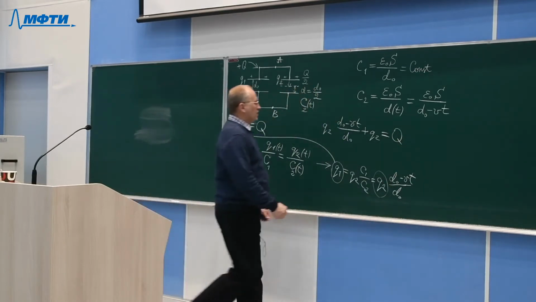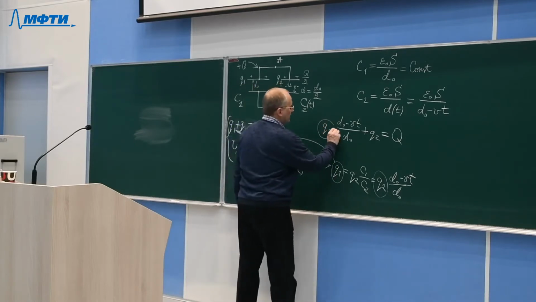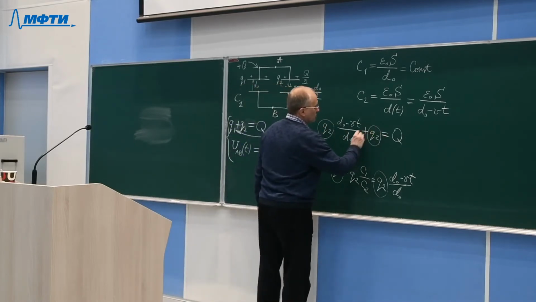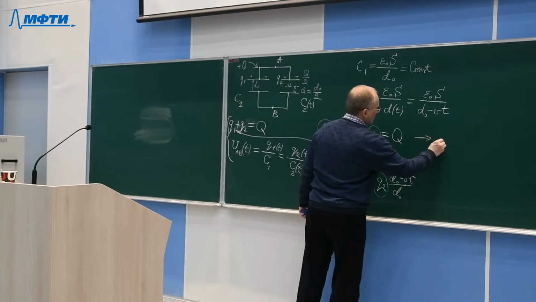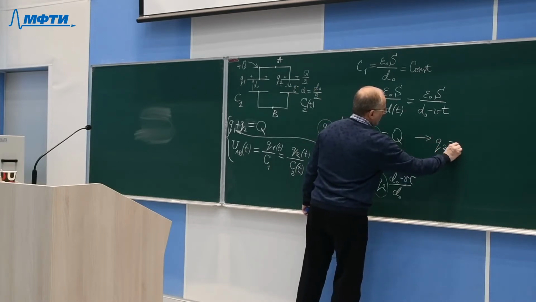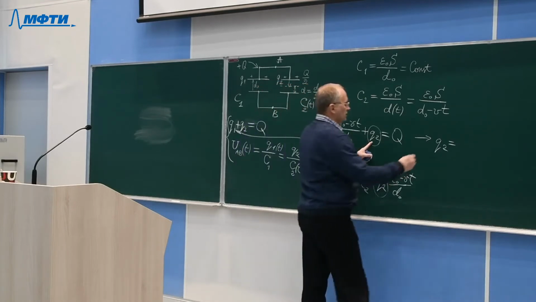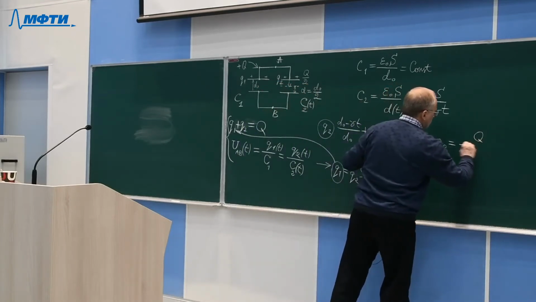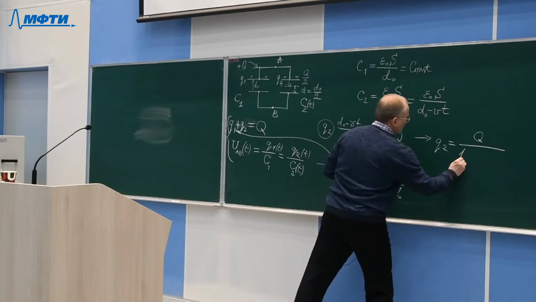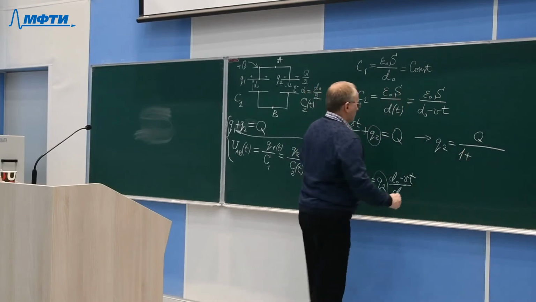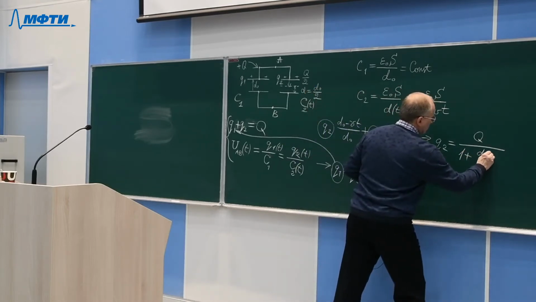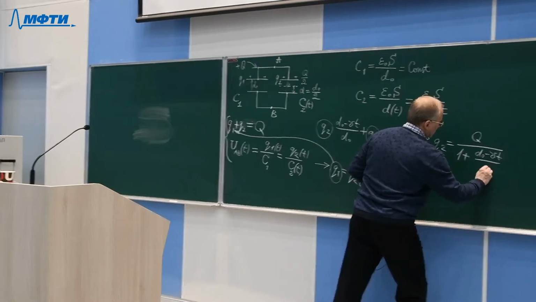From this equation, I can easily find the unknown quantity Q2. It will be equal to capital Q divided by 1 plus (D0 minus Vt) divided by D0.